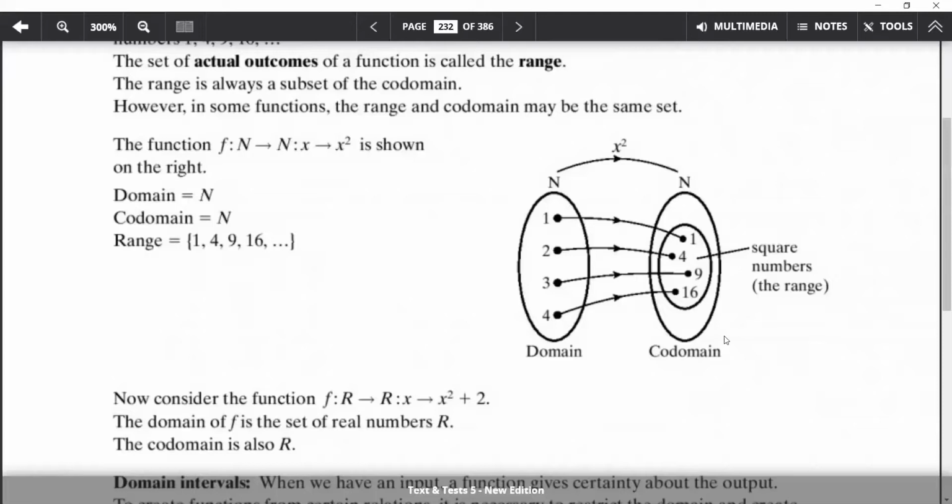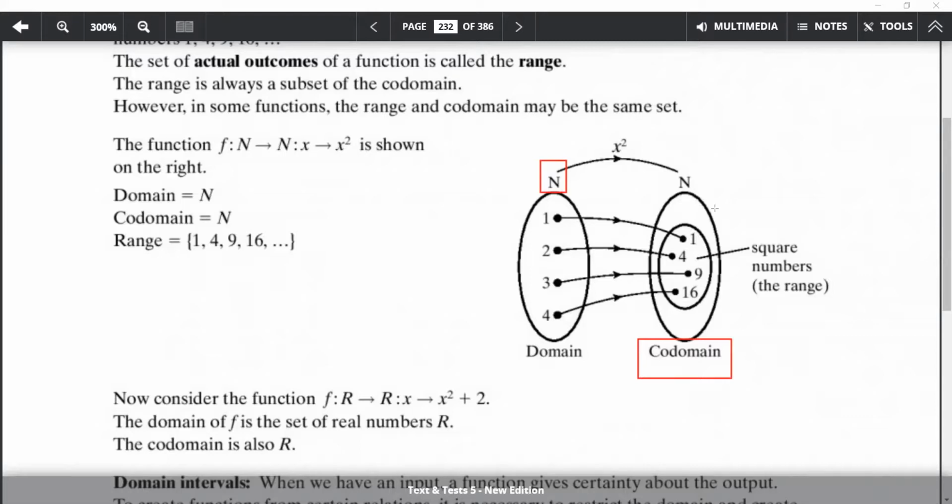Okay, and just to introduce one other term here, this word codomain is the set of allowable outputs, I suppose, is what you might call it. So here, the rule here is x squared. So your inputs are natural numbers. So your input numbers are only whole numbers, 1, 2, 3, 4. So your outputs, 1, 4, 9, 16, they form the range, okay? But they sit within a larger group called a codomain. For example, 3, okay? 3 is on the codomain, but it's not on the range because there's no natural number I can plug in here that when I square it gives 3 as an answer.